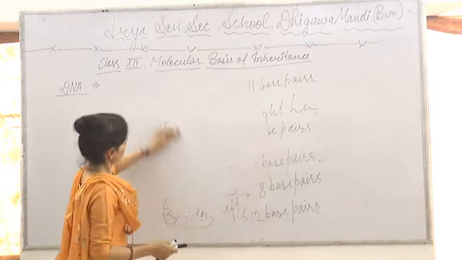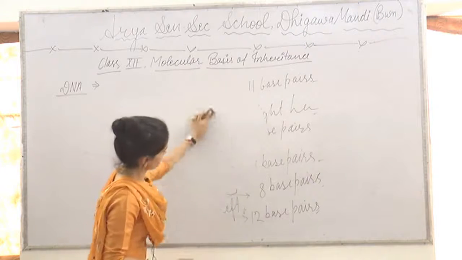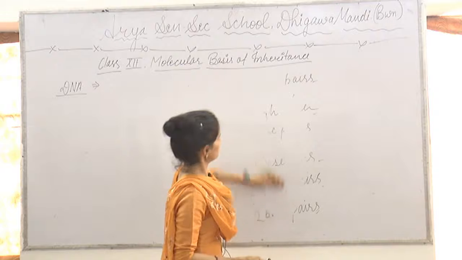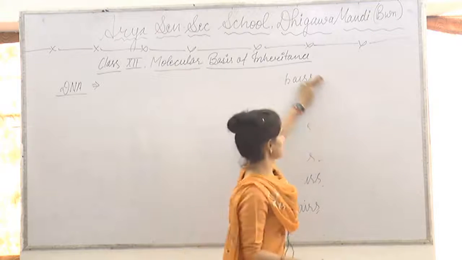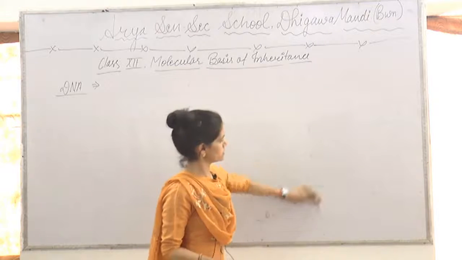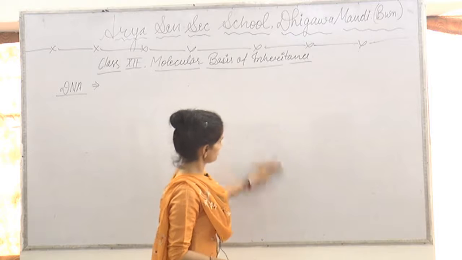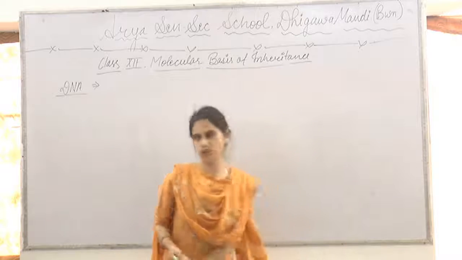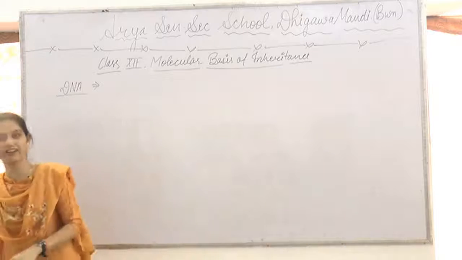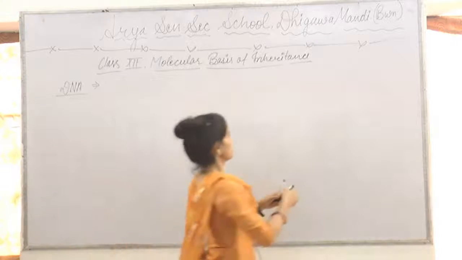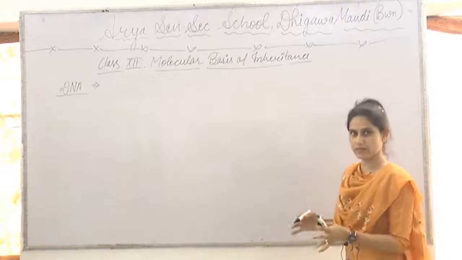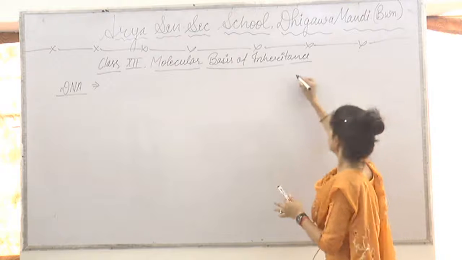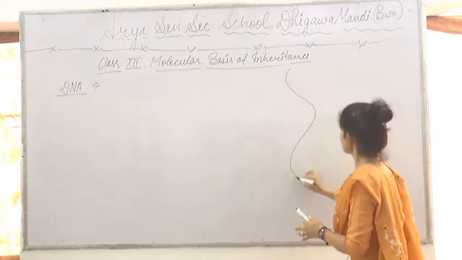In the last video we discussed the components of DNA. It is made up of nitrogenous base, pentose sugar and phosphate group. As you know, pentose sugar and phosphate group form the backbone of the DNA, and the nitrogenous bases are present at the center of the DNA. So let's start.